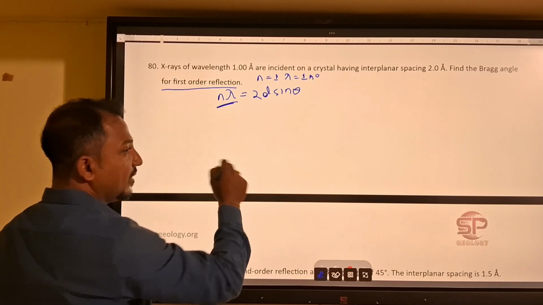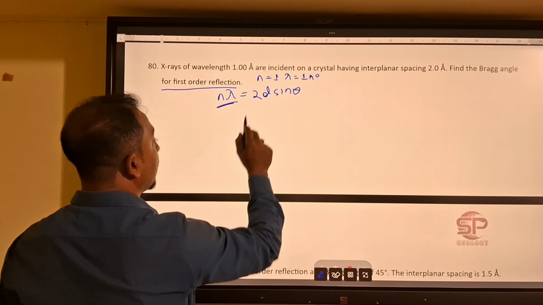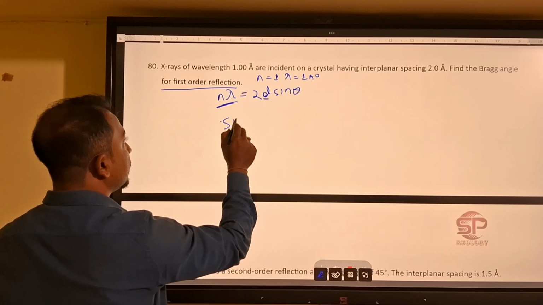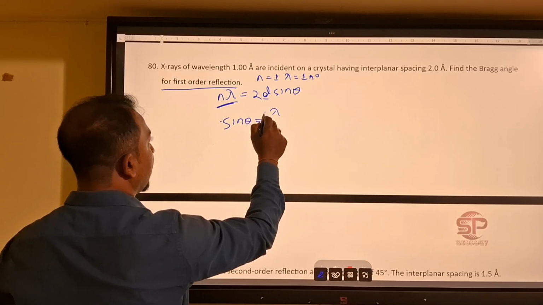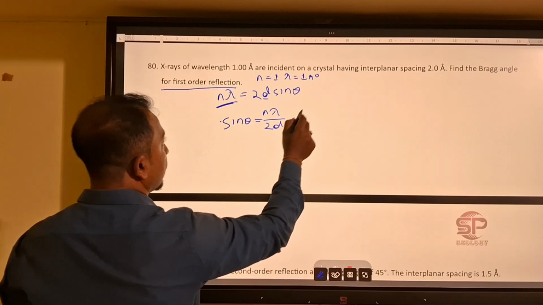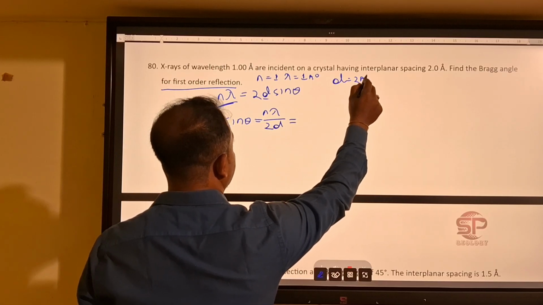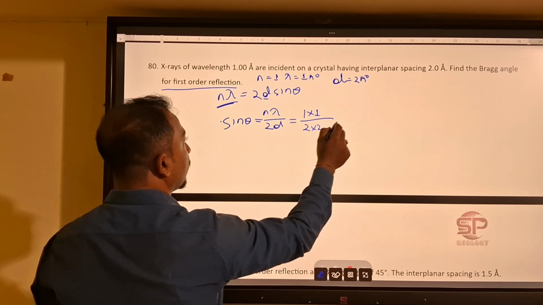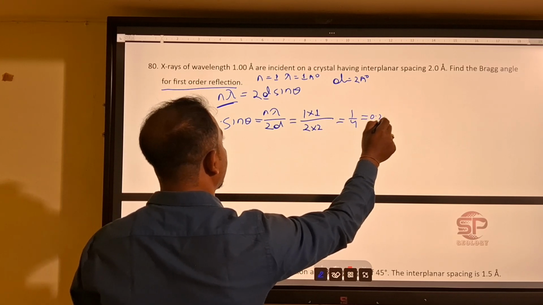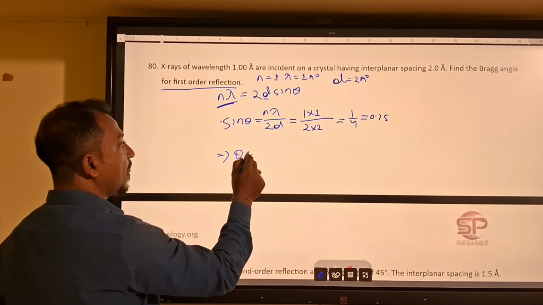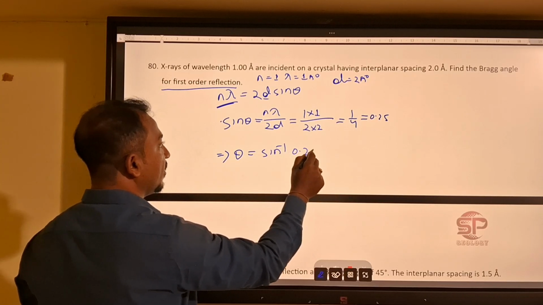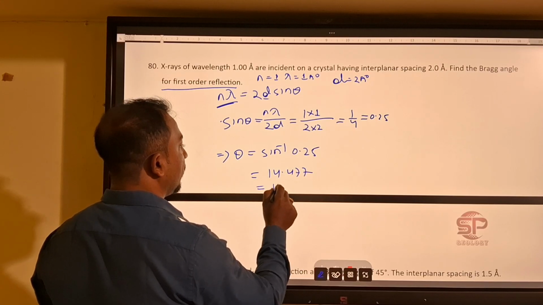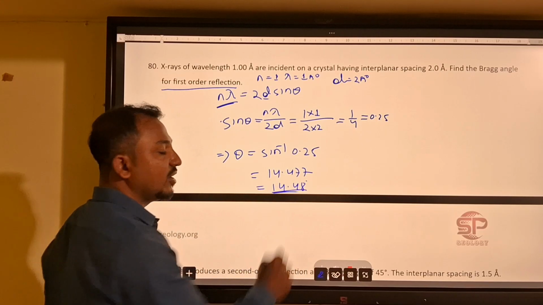We have to calculate theta. So sin theta will be n lambda divided by 2d. d is given as 2 angstrom, n is 1, lambda is 1, divided by 2 into 2, that is 1 by 4, 0.25. So theta will be sine inverse 0.25, which is 14.477. If you round to 2 decimals, it is 14.48.